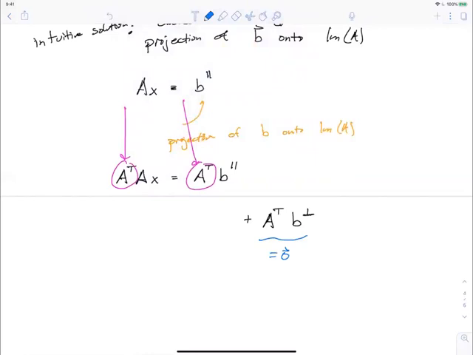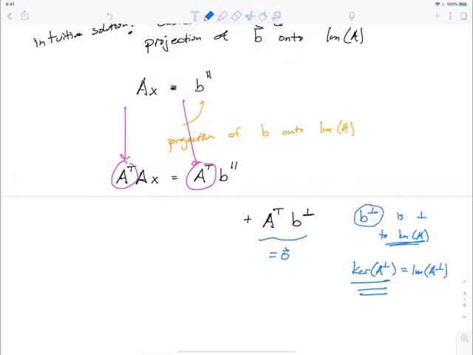This is equal to 0 because B perpendicular, by definition, is perpendicular to the image of A, and the kernel of A transpose, we did this last time, is equal to the image of A perpendicular. So B perpendicular lives in this set right here, which means it's in the kernel, which means when you multiply it by A transpose, it gets annihilated to 0. That's what the kernel means.